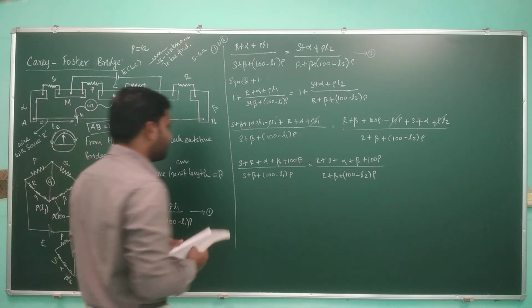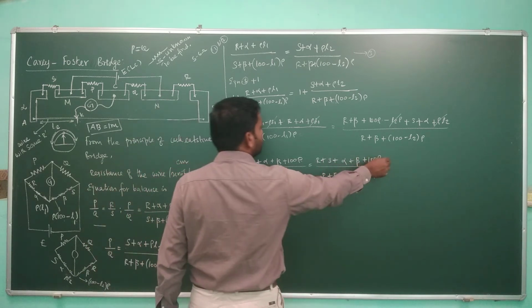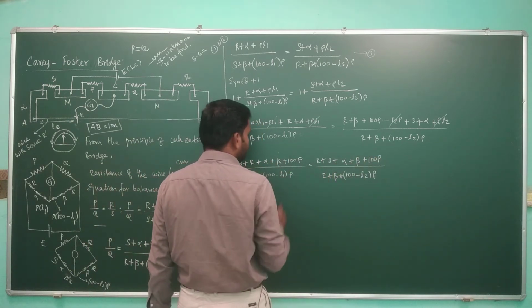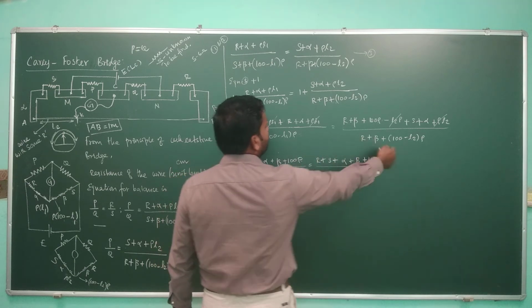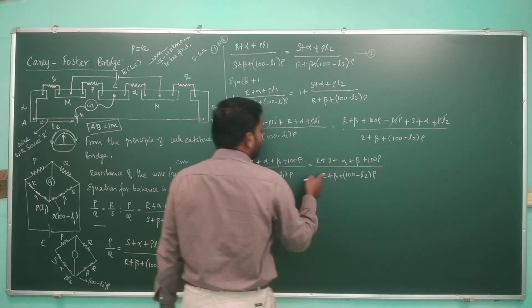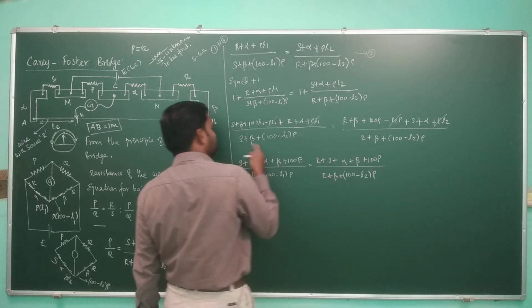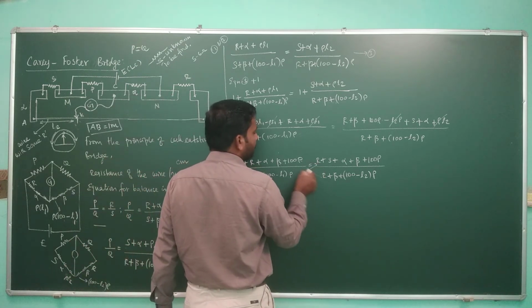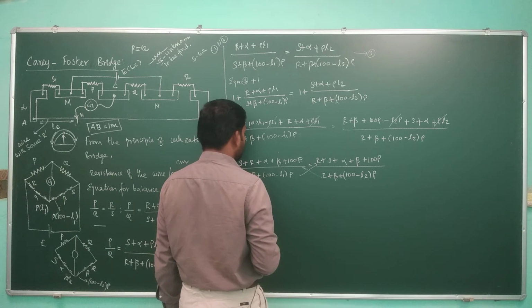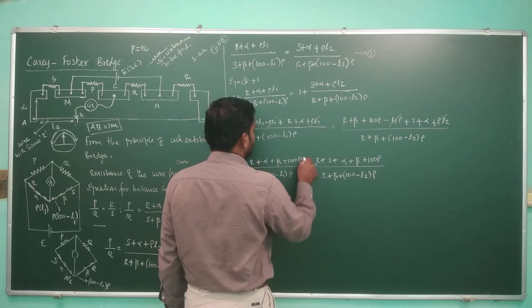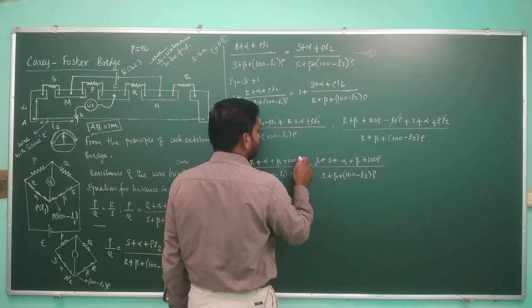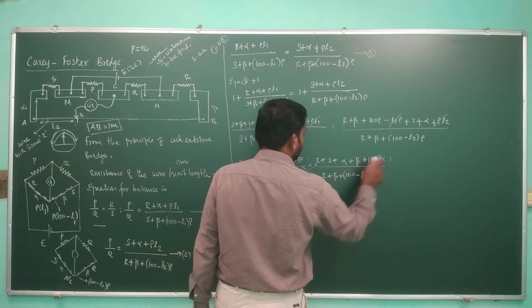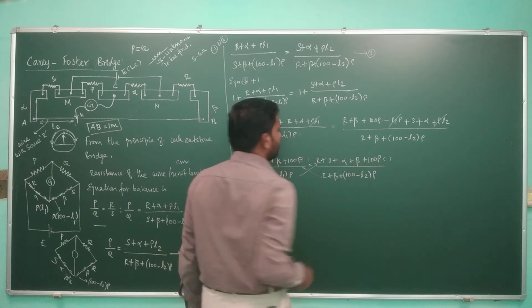In that case, if you multiply this to this side and this to this side, if you bring the denominator from the left side to the right side numerator, and the denominator of the right side to the left side numerator, you can put this term here and you can put this term here. So this and this are common, will cancel out each other.